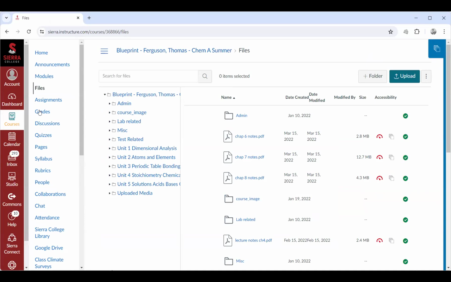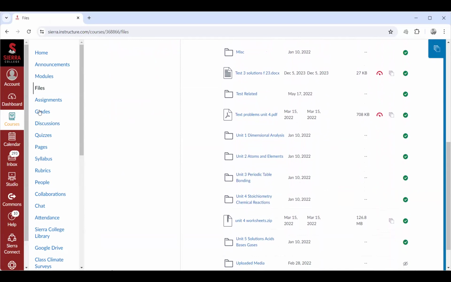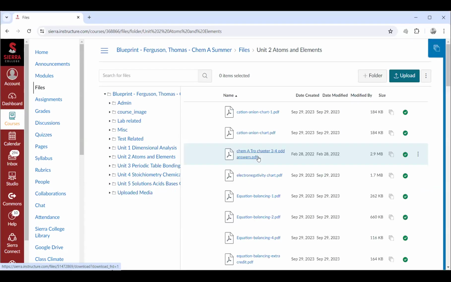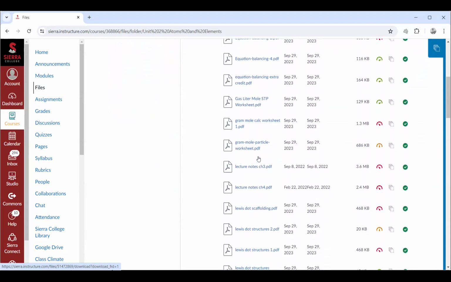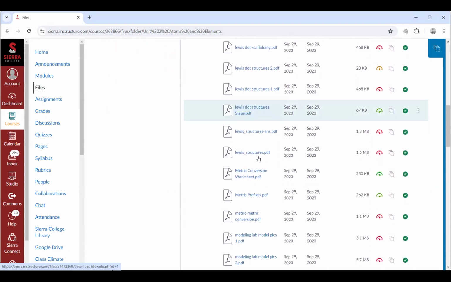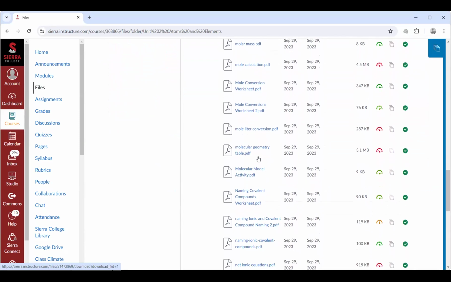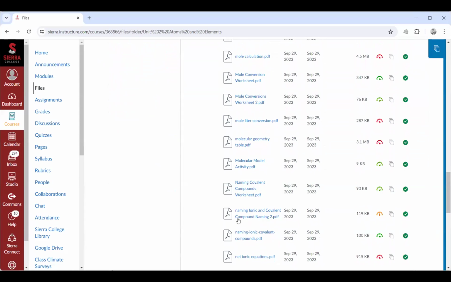So we go down to naming covalent compounds, naming ionic and covalent compounds. I've got 3 worksheets there for practice, and they have the answers in them as well.